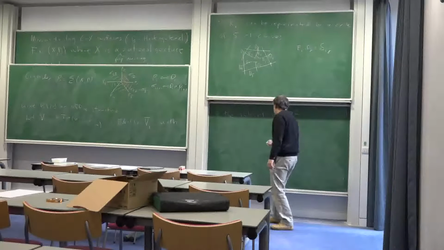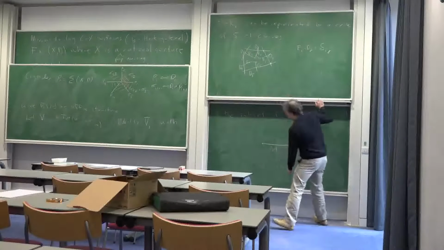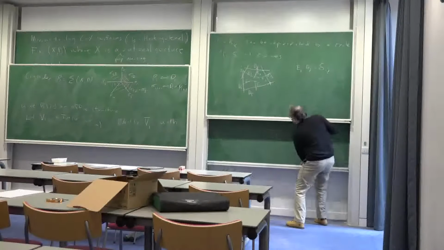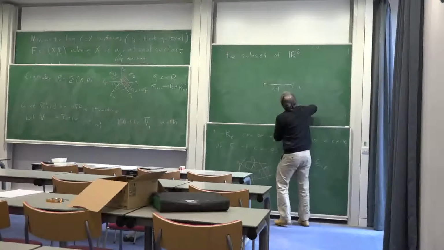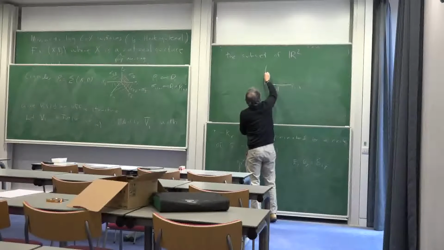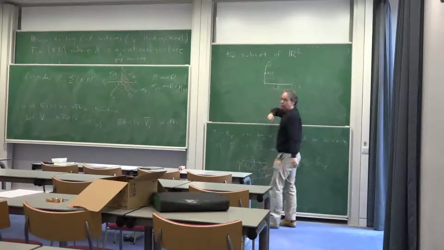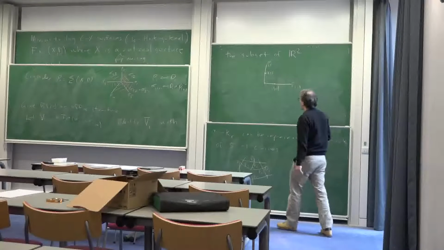So what we do is we take rho_{i-1} identified with the ray generated by (1,0). Rho_i will be identified with the ray generated by (0,1).